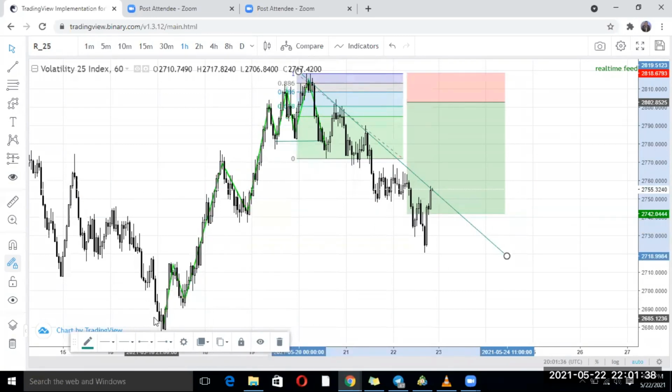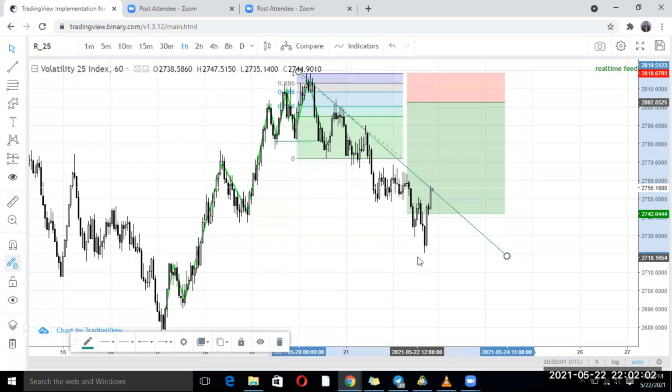But I think this one might have been tested, so if it comes down to this region here before it breaks this trend line, then test and buy, because I'm seeing a very long buy. So you guys might want to keep an eye on this. I'll call it on the channel when it's ready.